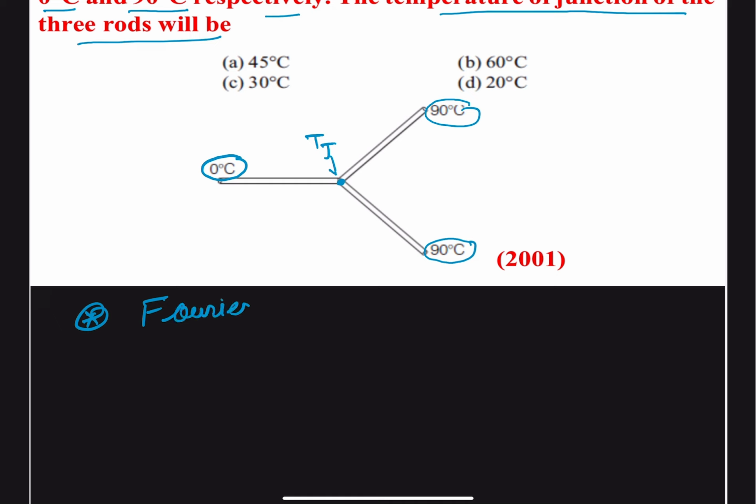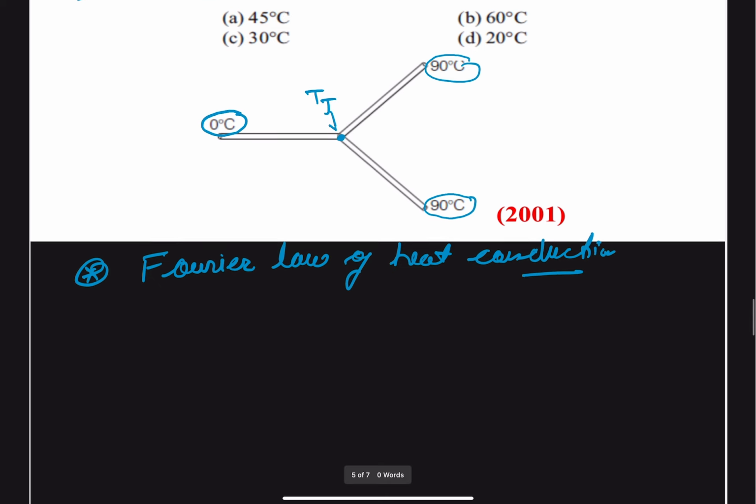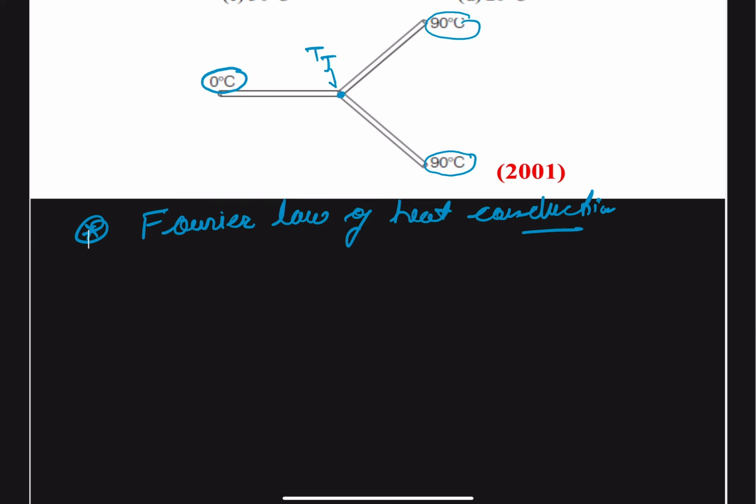And this law gives us the rate of heat transfer, which is represented as Q through a rod.